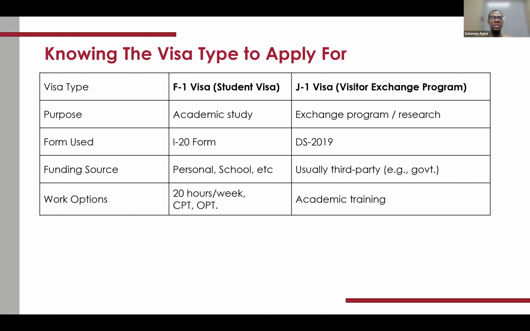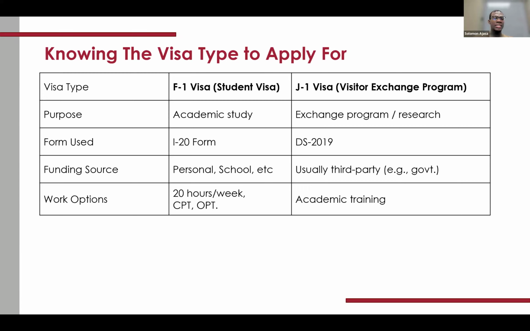To speak a bit on the F1 visa, I am currently on an F1 visa myself. The purpose of this visa is to bring you to the United States for academic study. It means that you are trying to get your bachelor's, your master's, or your PhD in a specific area of interest.